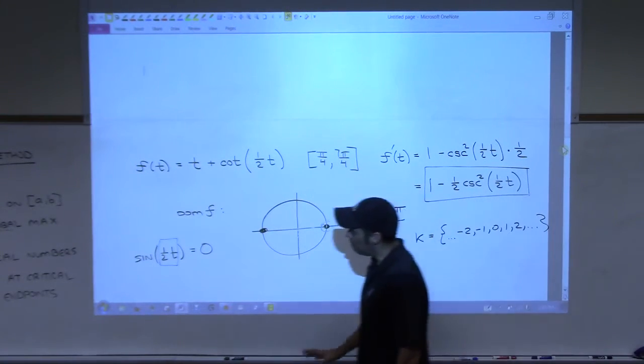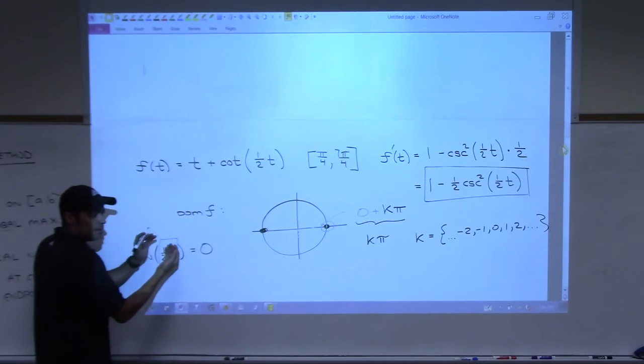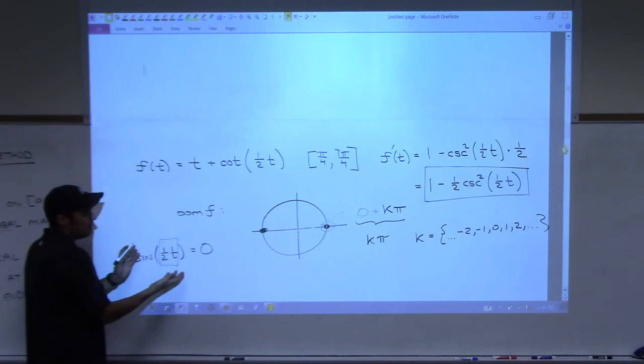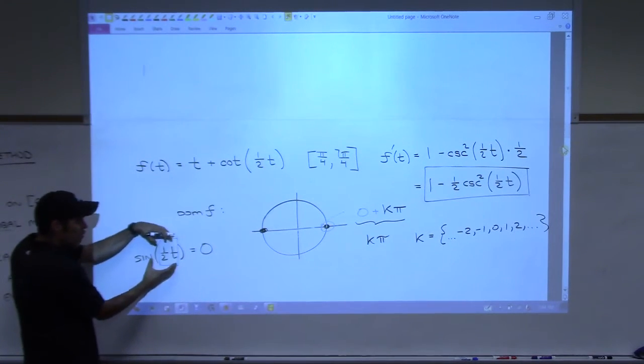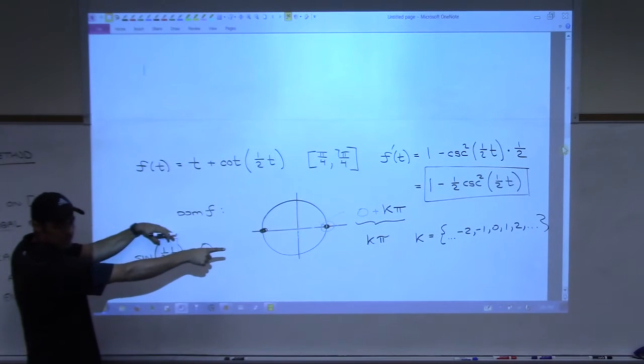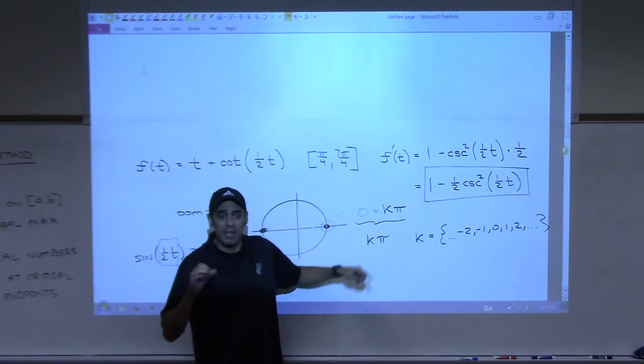So when I was over here, I was saying to myself, hey, look, when is sine of something 0? When could that happen? Well, it happens whenever this something is equal to k pi. If this in here is equal to k pi, then I'm going to get 0.